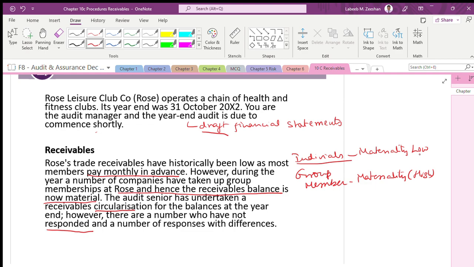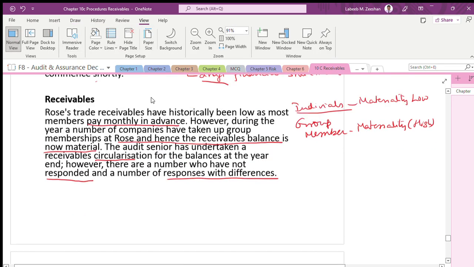We never discuss receivables from the positive aspect. We discuss receivables from the non-recovery aspect only. There are a number of customers who have not responded and a number of responses with differences.